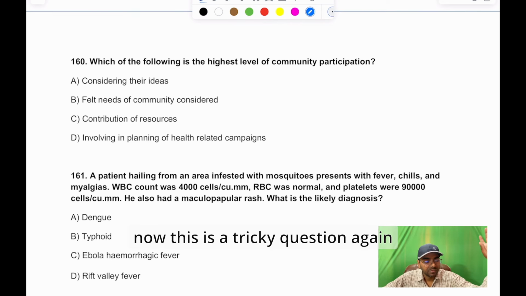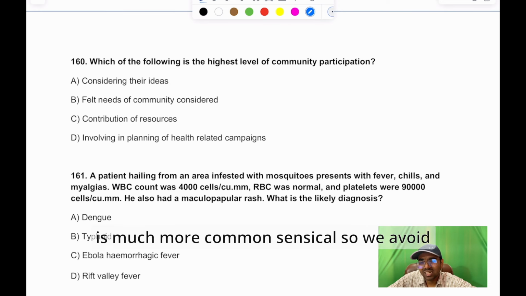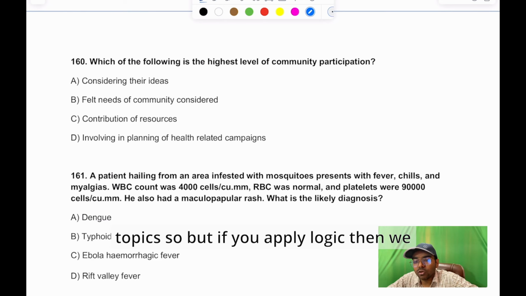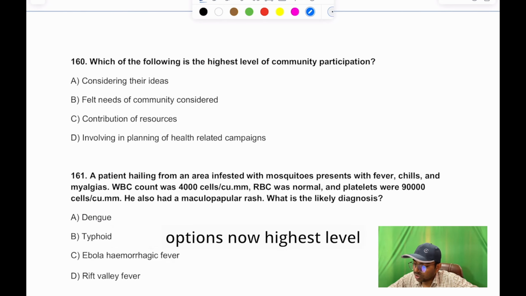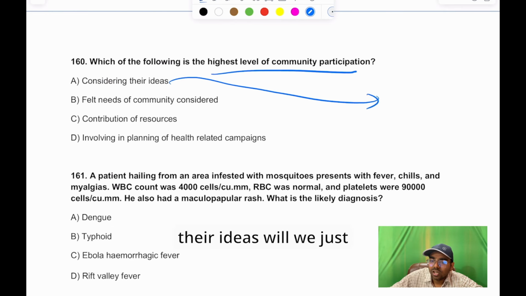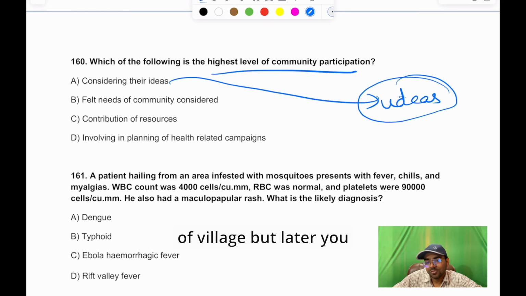Now, this is a tricky question again, because we tend to not read these portions, and this is much more commonsensical, so we avoid reading because we have to read much more important topics. But if we apply logic, then we can also eliminate the options. Highest level of community participation, considering their ideas. Will we just ask the community, what is your idea? Okay, you want this type of village, but later you apply your own.